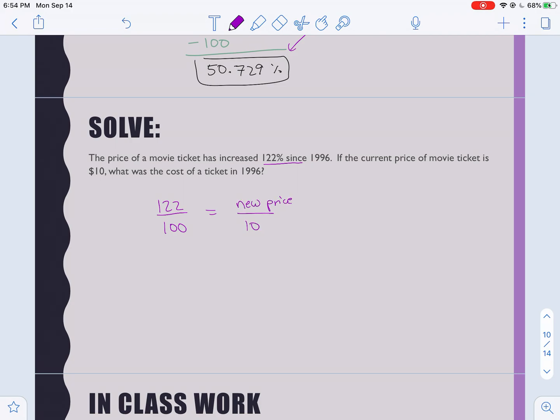The new price is going to go up top. So if I cross multiply, or if I multiply both sides by 10 to solve for my new price, I would get 122 times 10 and then divide by 100, and I would get 12.2. So that means that the new price of my movie ticket is $12.20.